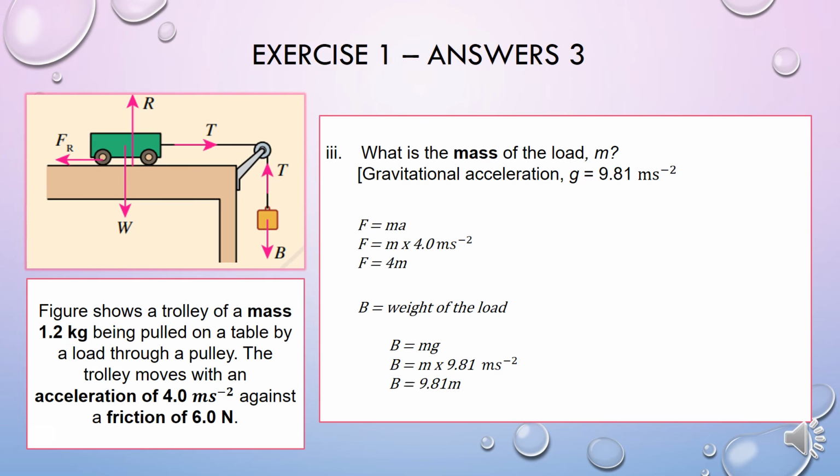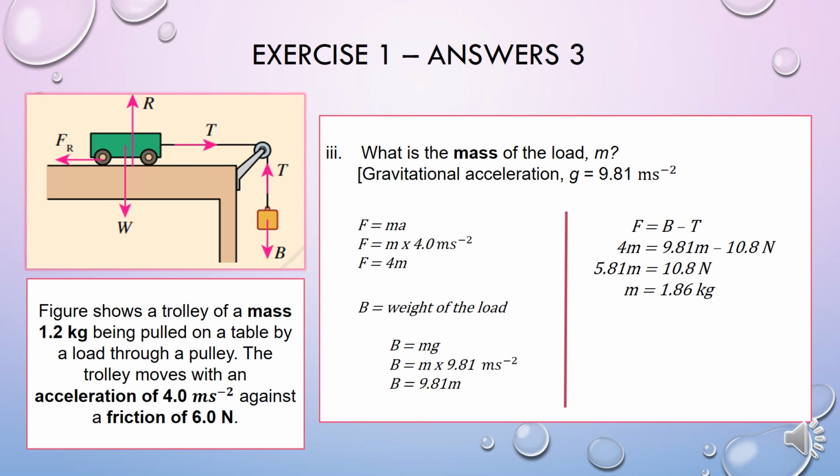You will get the value W is 9.81m. By using the formula F equal to W minus T, where F is 4m, W is 9.81m, and T is 10.8 Newton, the mass of the load is 1.86 kilogram.